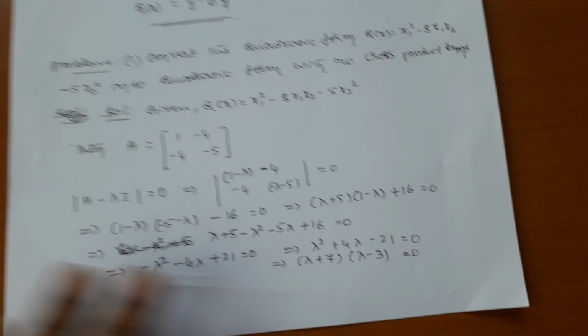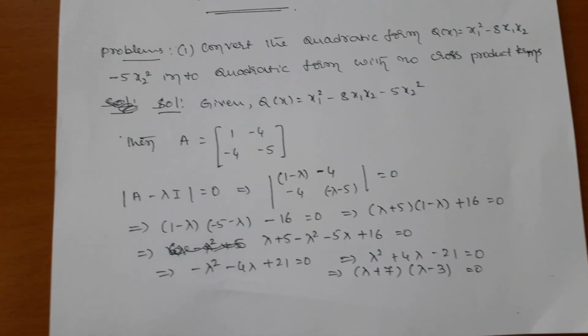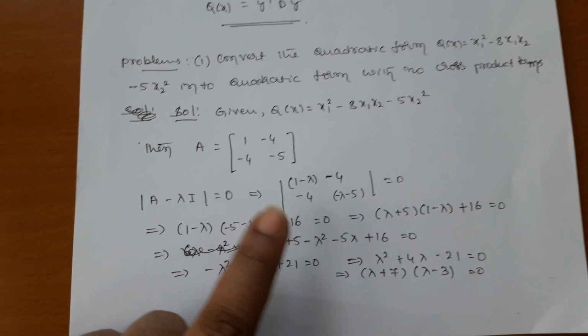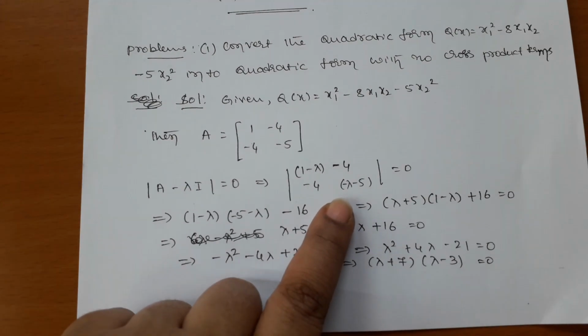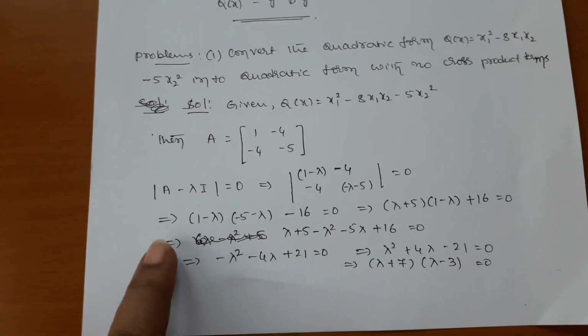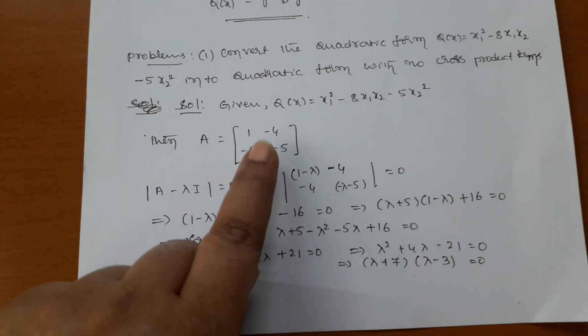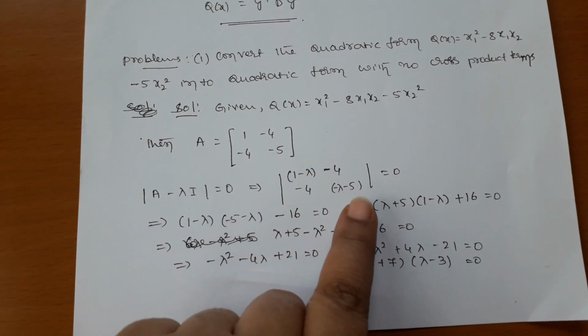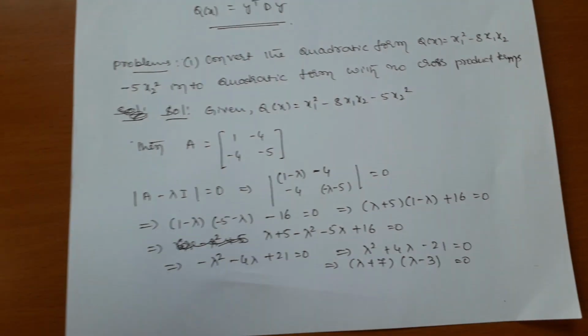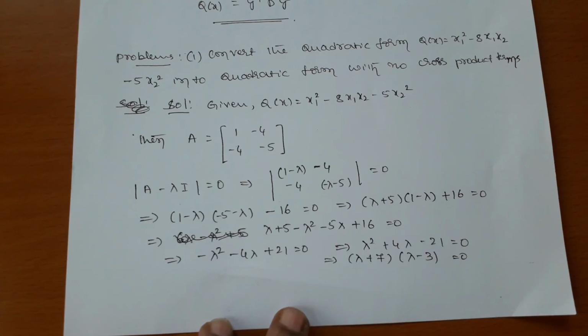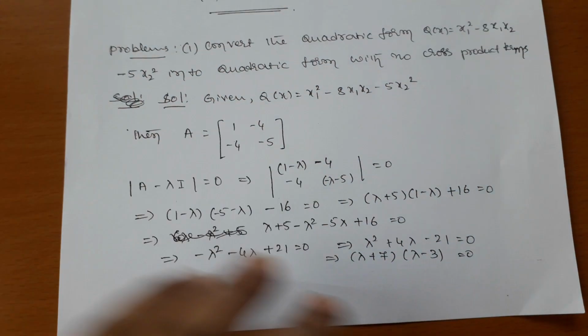Once we get the matrix, you find the eigenvalues. You write the determinant of A minus lambda I equal to 0. You know how to solve this. You write the expression, 1 minus lambda, minus 4, minus 4, minus 5 minus lambda, take the determinant and simplify. Finally, how many roots are we expecting? 2 roots.